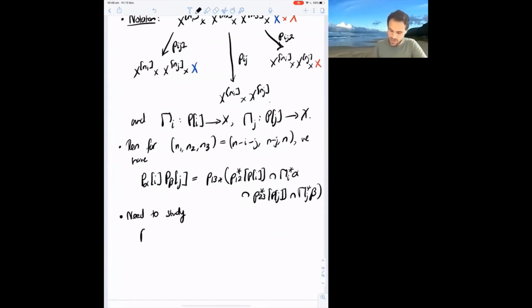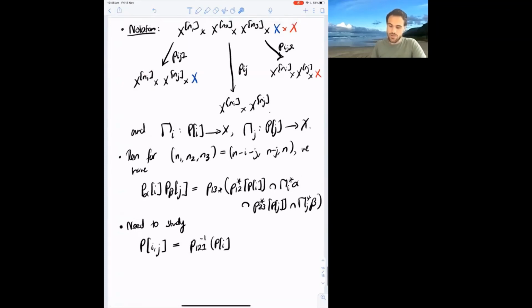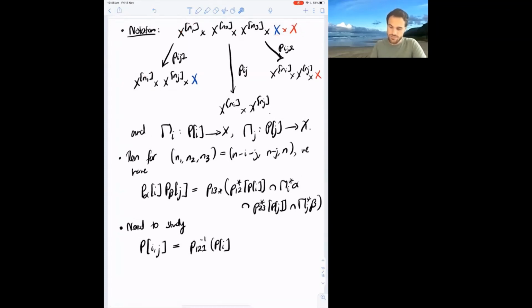So we need to study the following thing, Pij now. And what we do for that is it's meant to be the following intersection. So we look at Pi. So Pi lives inside of here. And we pull it back to this five-fold product.